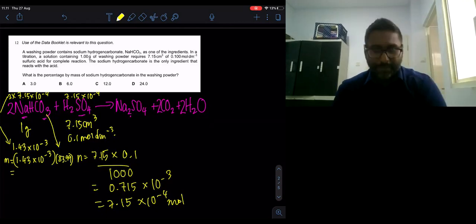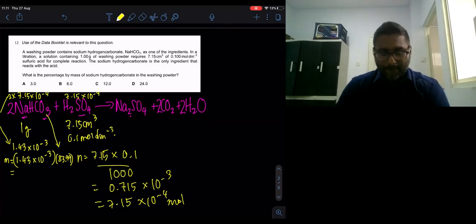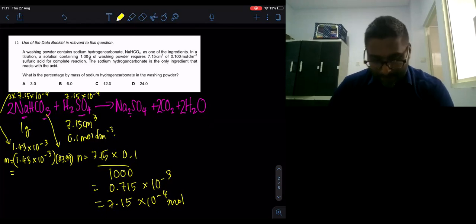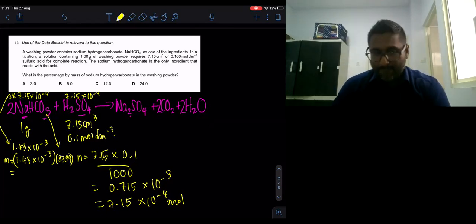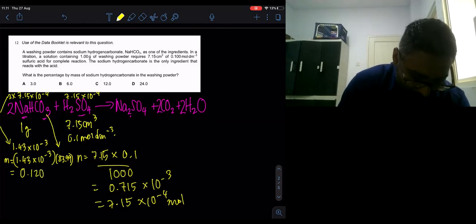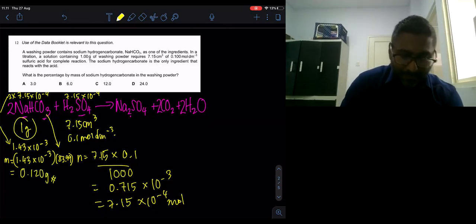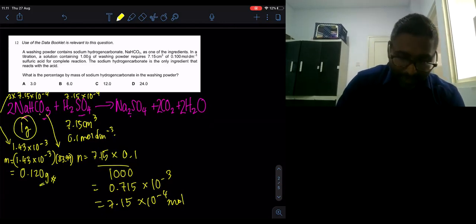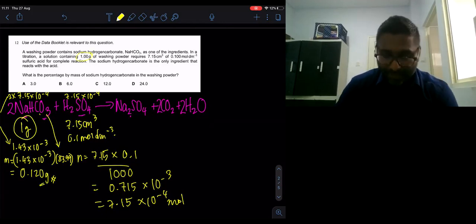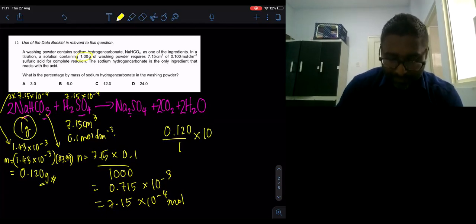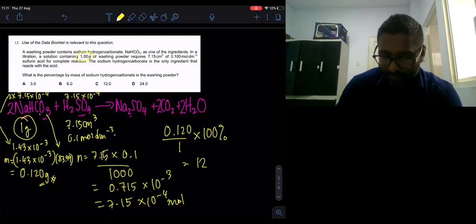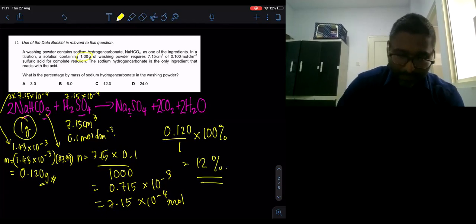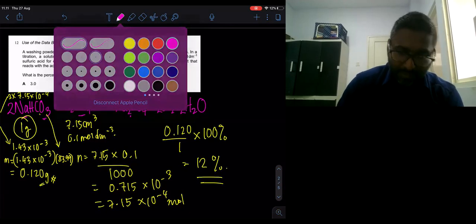What is the mass? 0.120. So out of this 1 gram, I only have this sodium hydrogen carbonate. If you ask me why 1, because they use 1. So what you need to do is 0.120 divided by 1 times 100%, and you are going to get 12%. That's the answer.